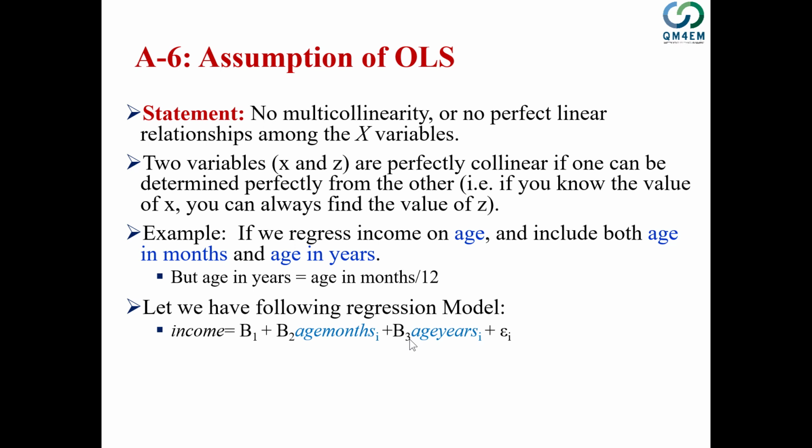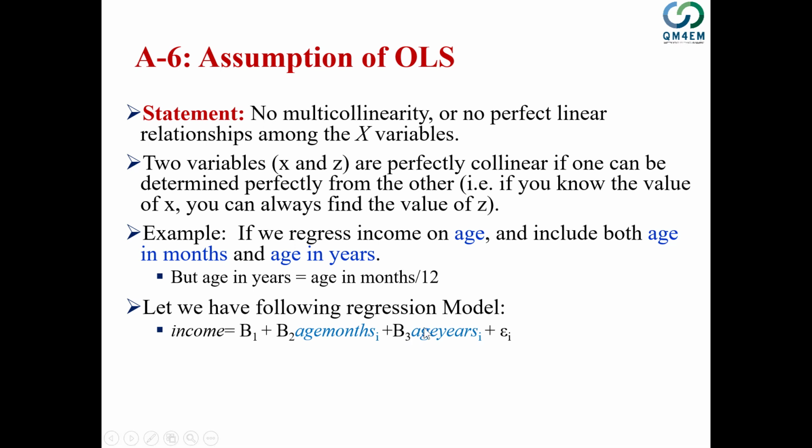If we focus on the interpretation of the coefficient B3, what does B3 say? B3 says that if age increases by 1 year, income would increase by B3, keeping age in months constant. Once again, age in years, B3 shows a 1 unit increase in age.